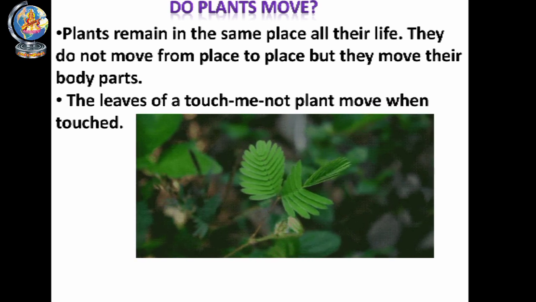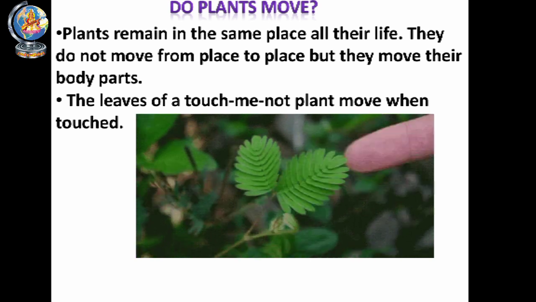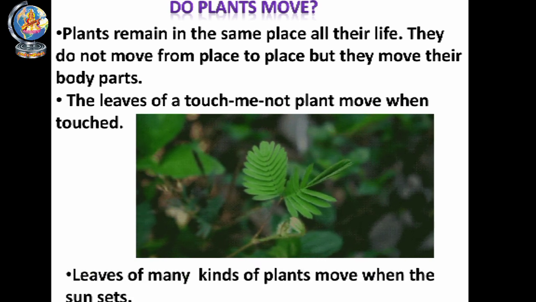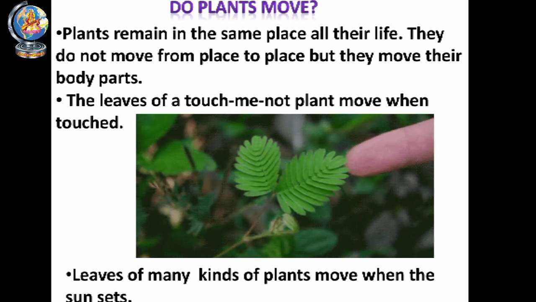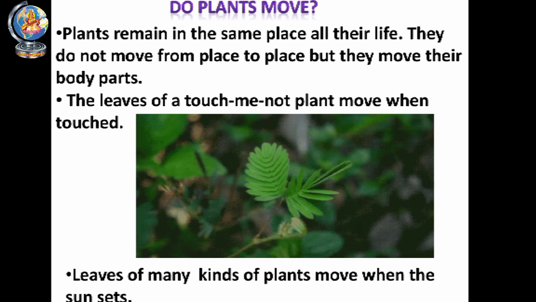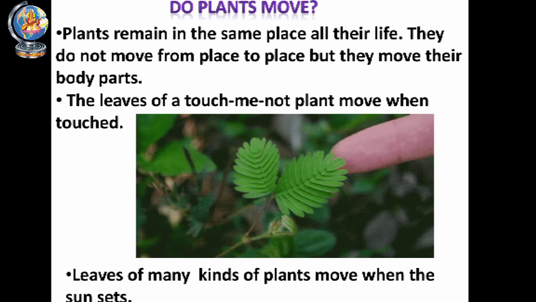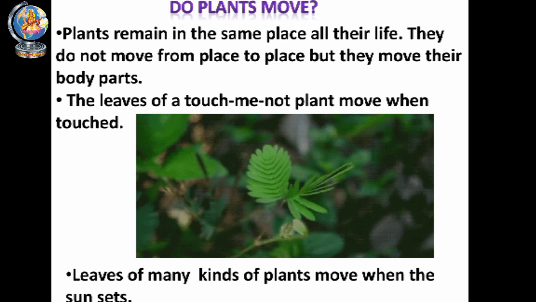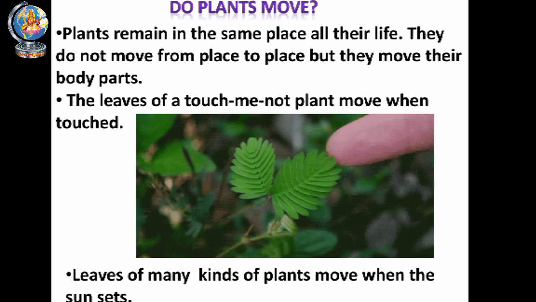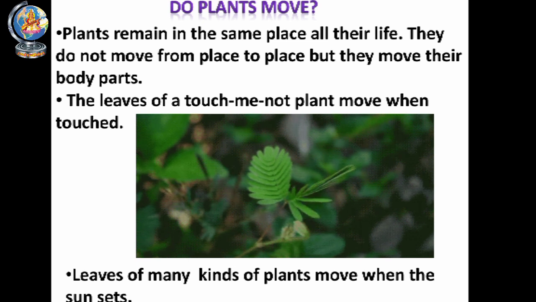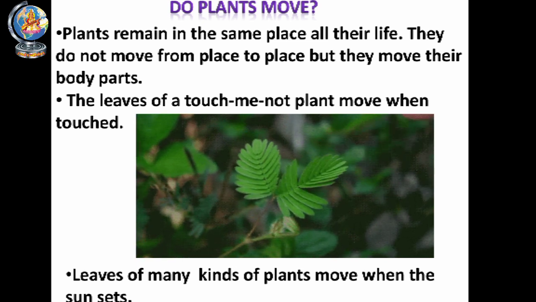So it means plants can move their body parts. Leaves of many kinds of plants move when the sun sets, that also we have learned. And one more example, the sunflower you have seen, that it traces the direction of the sun.